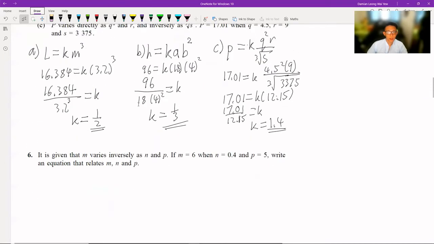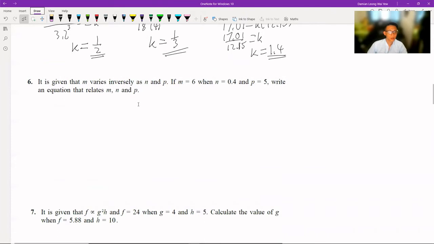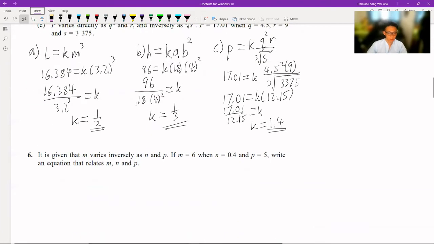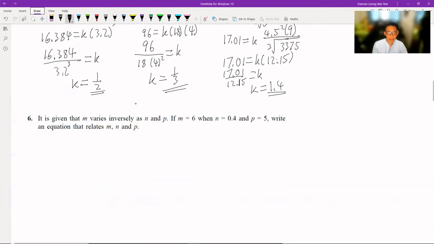Then question 6 is given m varies inversely as n and p. So if m is 6, n is 0.4, and p is 5, write an equation that relates m, n and p. So basically, we have to find the k value. We know our equation would be m varies inversely, means equals k times 1 over n and p.